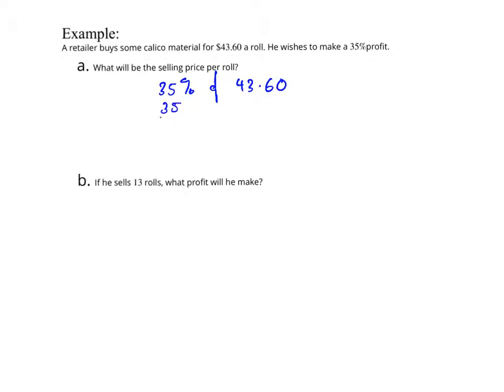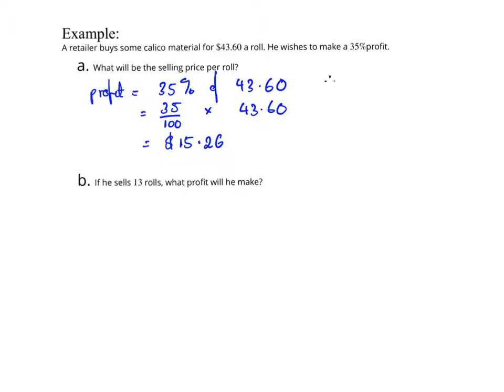Now we know how to work that out. 35% is 35 out of 100. Of is times $43.60. And this is the profit. And if we put that into our calculator, we get $15.26. So there has been a profit of $15.26 when we work out 35% of $43.60. So what will the selling price be?